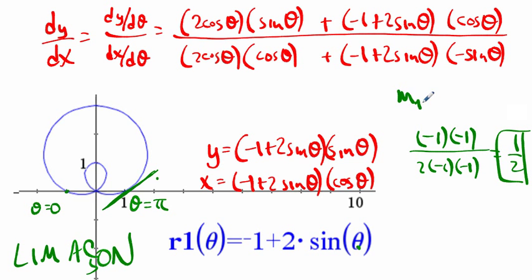So the slope of the tangent line at the rectangular point 1, 0 is 1/2. Again, what's the big takeaway? The big takeaway is recognizing how to do this.